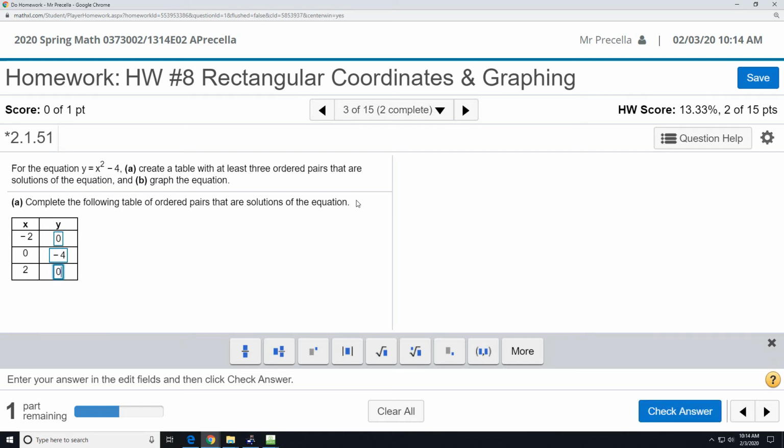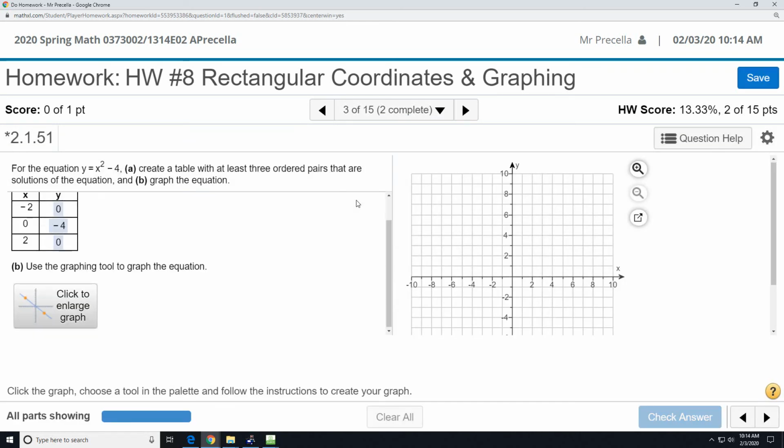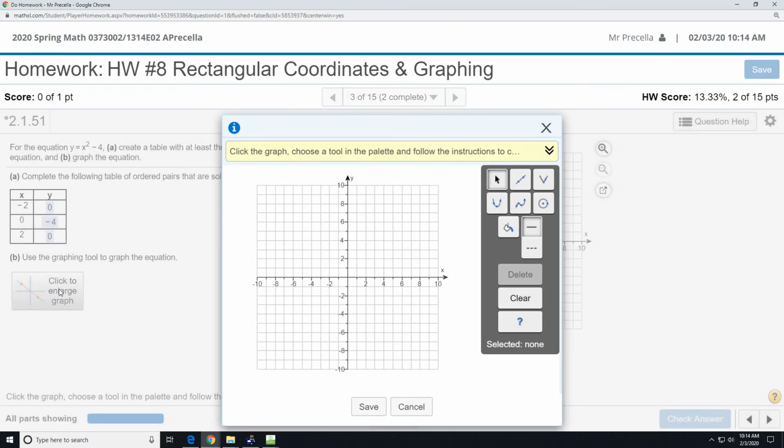At that point, I can check my answer. And now I will graph it. Click to enlarge. Oh, wait. All we know is that it's not a line, is it? Okay. It's not a line.